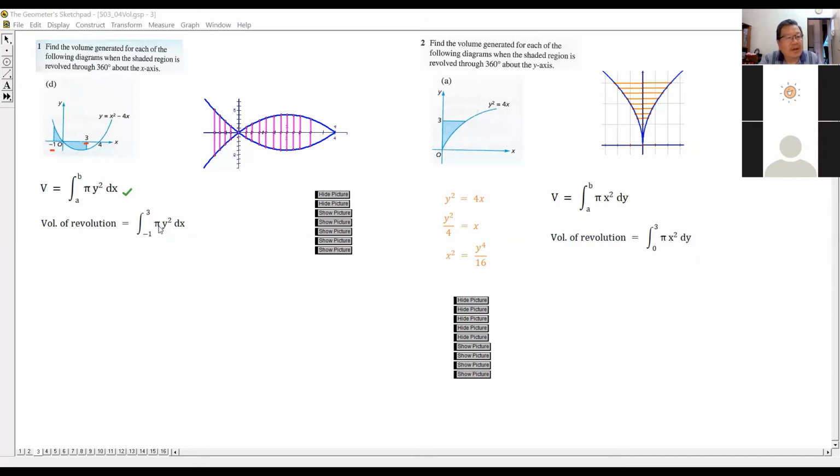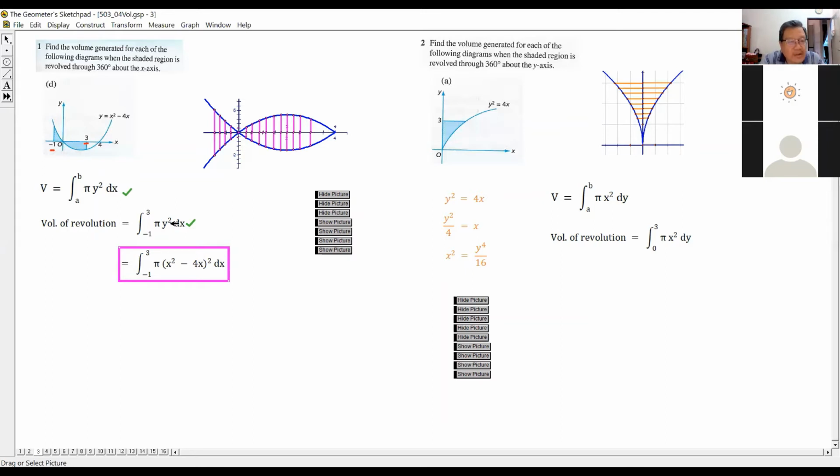So the formula is pi y squared dx. As I said earlier, the y squared you need to convert to x. The y is x squared minus 4x.